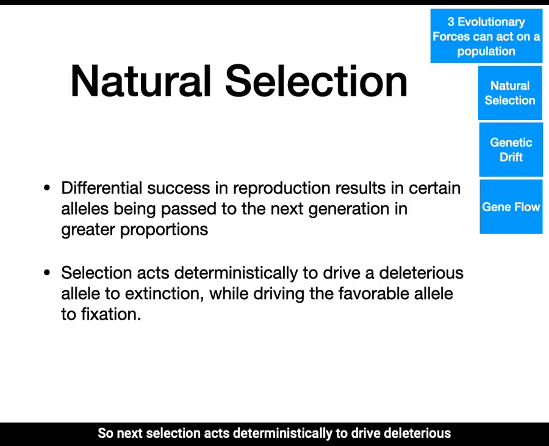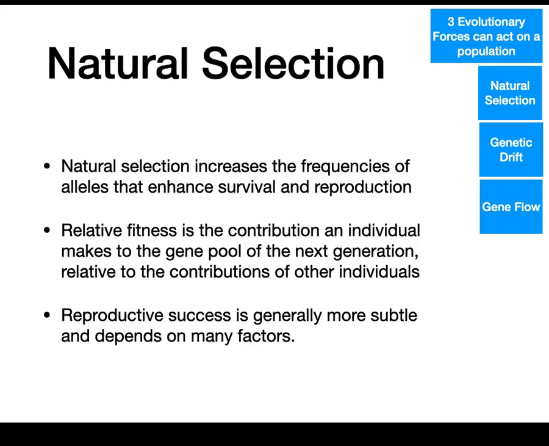Selection acts deterministically to drive deleterious alleles to extinction, while at the same time it's driving the favorable alleles to fixation. Natural selection increases the frequency of alleles that enhance survival and reproduction.